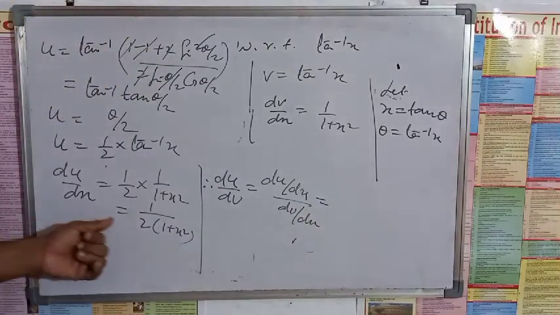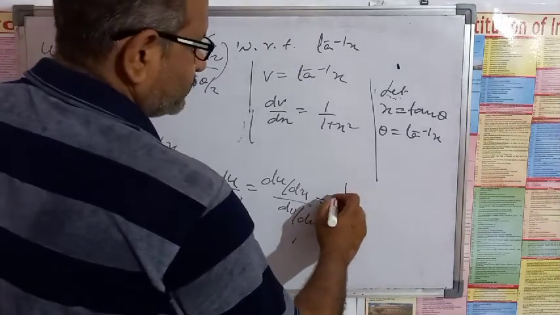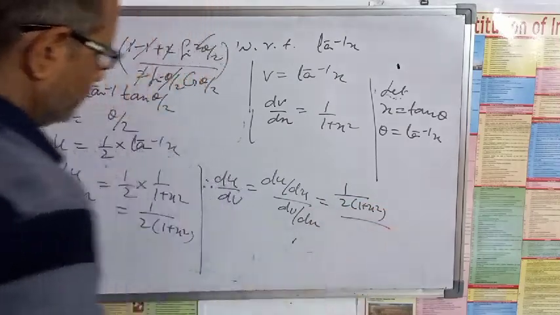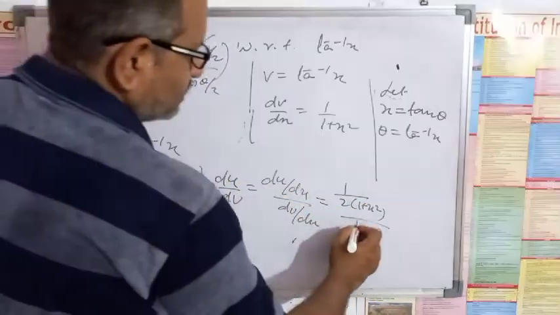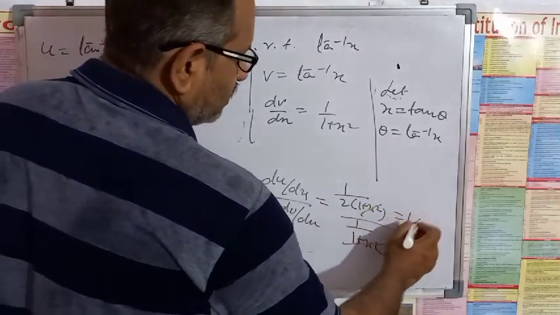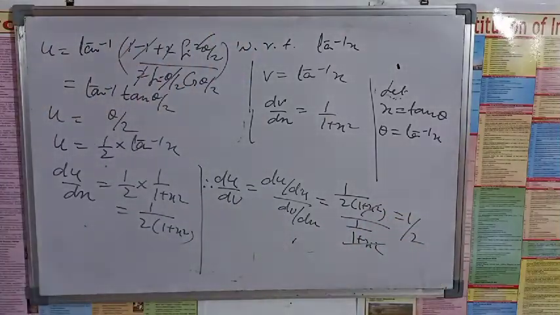So du by dx is 1 by 2 times 1 upon 1 plus x square, and dv by dx is 1 upon 1 plus x square. It cancels. So what is the answer? The answer is 1 by 2.